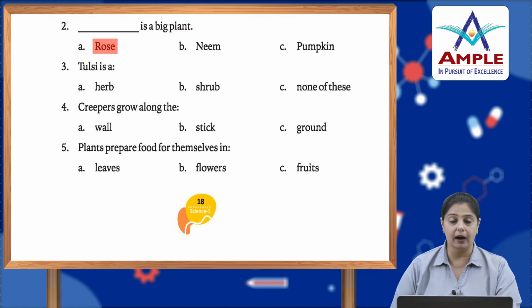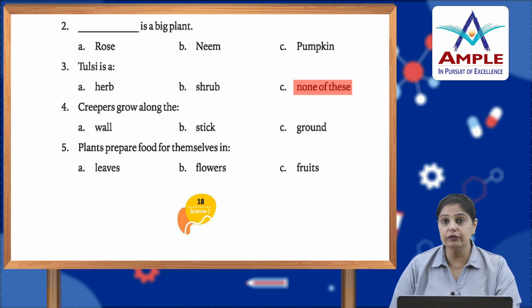Dash is a big plant: rose, neem or pumpkin? It is the neem, okay. It's a tree, okay. The leaves of neem and the twigs or different parts of neem tree are also very useful, okay. Tulsi is a herb, shrub or none of these? It's a herb, okay.